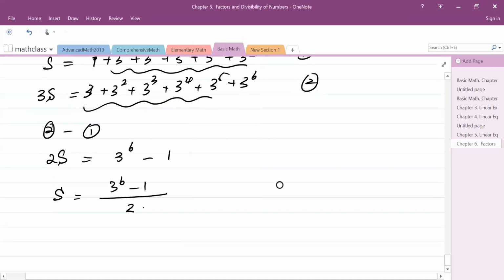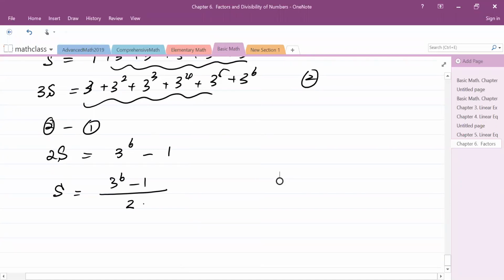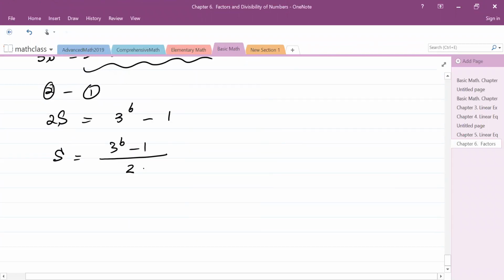So you have to divide by 2. In general, you have the following formula: 1 plus r plus r squared, up to r to the nth power is going to be r to the n plus 1 minus 1 divided by r minus 1.